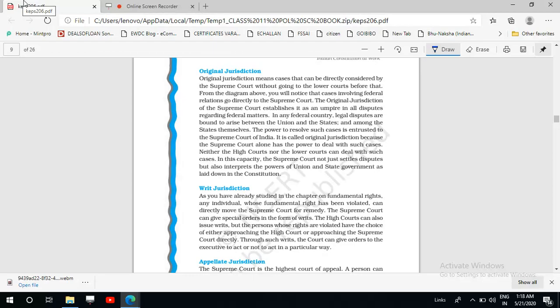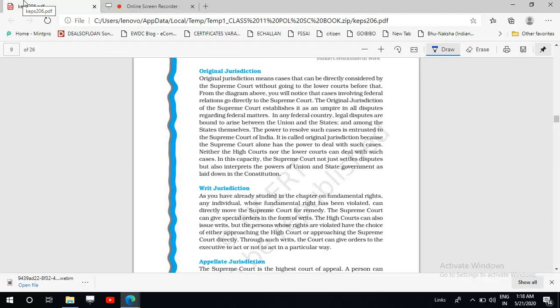And all these three, equality, freedom, and secularism, are part of the basic structure of the constitution. And why is it said by the Kerala government like this? Why is the government saying that this amendment act is against the principle of equality, freedom, and secularism?